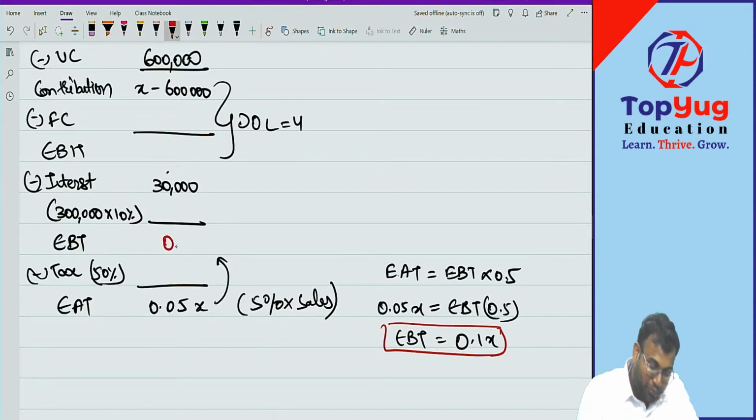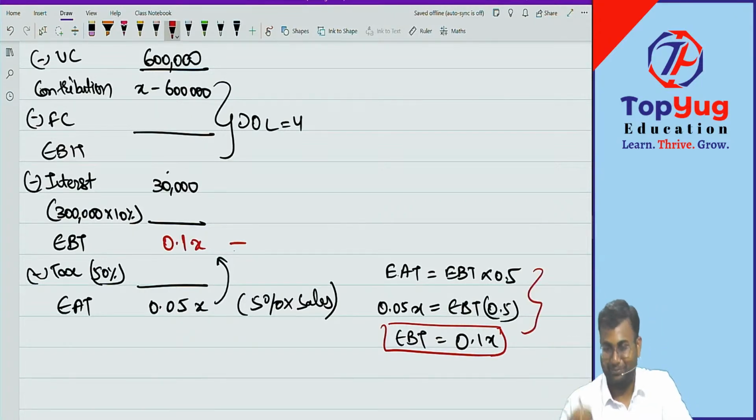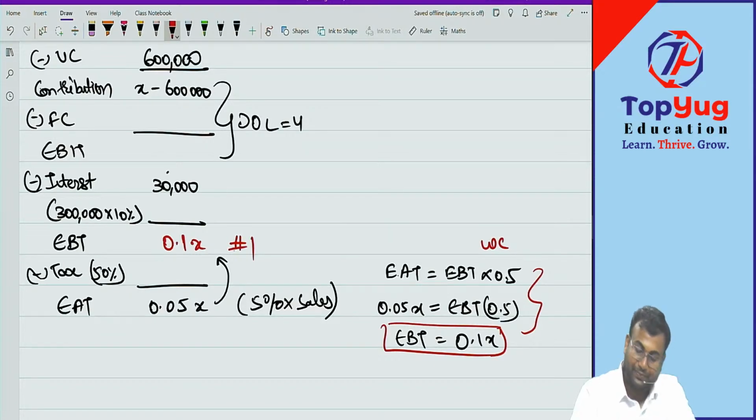So this is 0.1x. This one you can put as a working note if you want. First working note in leverages I am writing. So we have got EBT.